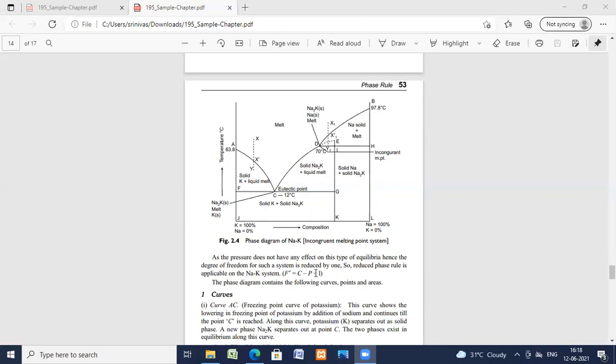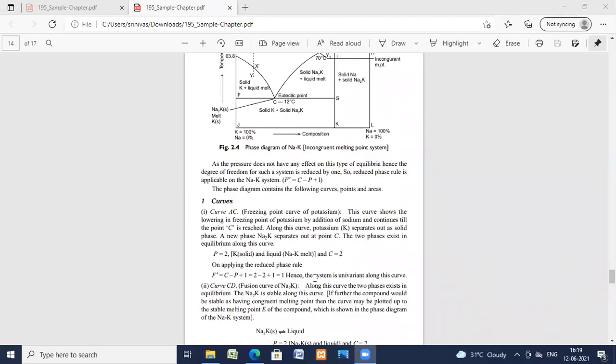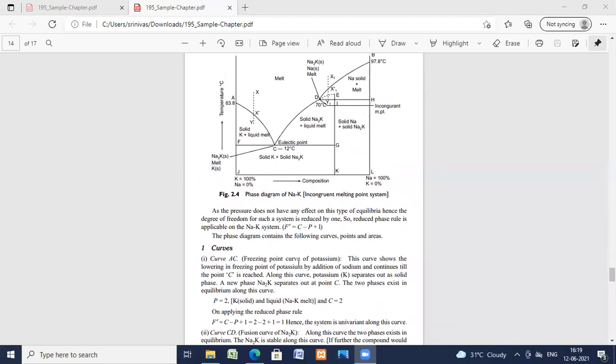So the curves involved are the AC curve and the CD curve.